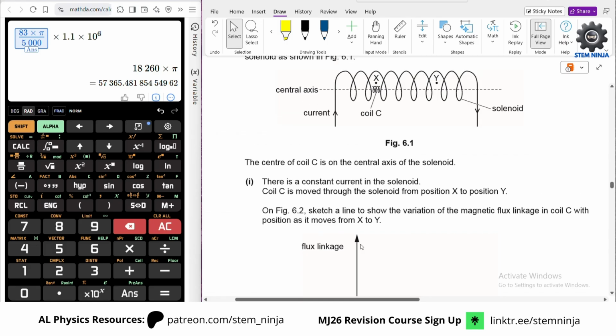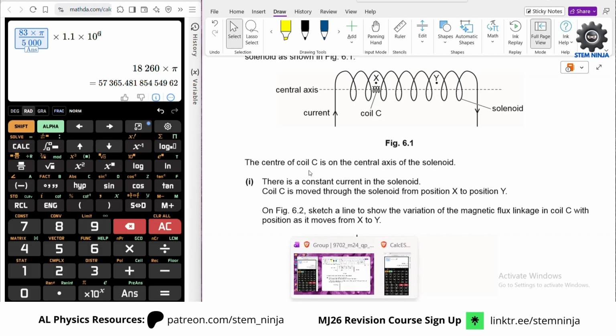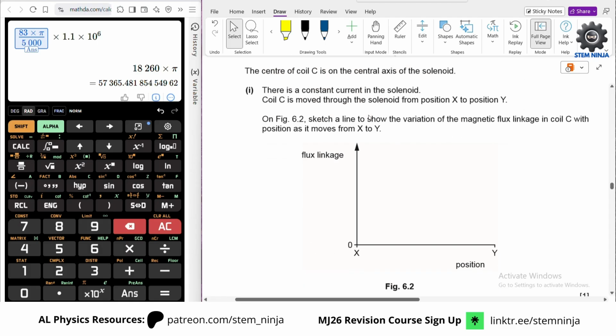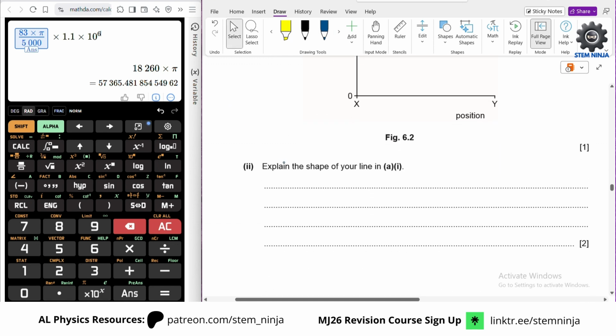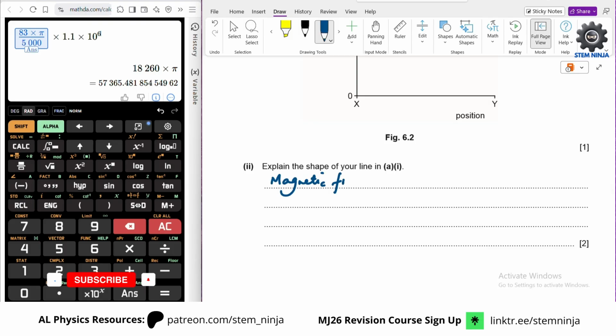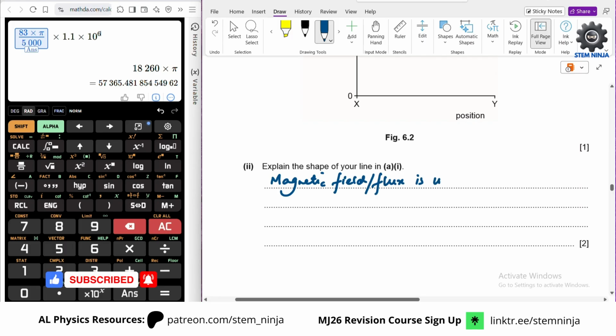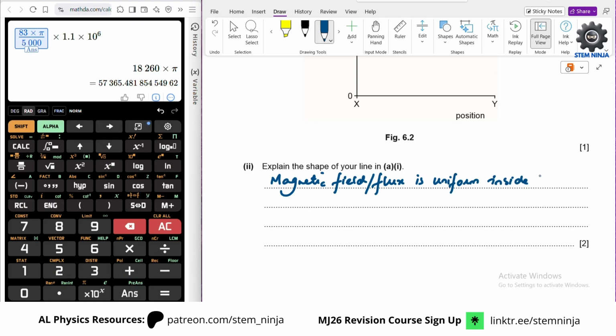So remember, the field inside the solenoid will be uniform. So flux linkage would also be uniform. So somewhat like this, a straight horizontal line. Explain the shape of your line in A2. So the magnetic field, you can say flux also, is uniform inside the solenoid.